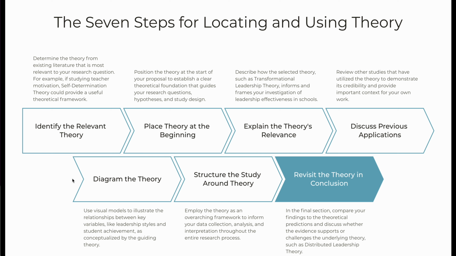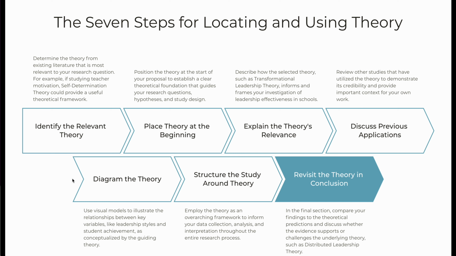Then you're going to structure your study around the theory and make sure that your framework aligns to that theory. So if you're doing a theory that is quantitatively driven and you're doing a qualitative study, that is not going to work. You're going to have to make sure that the premise of those theories can be studied the way that you want to study them.